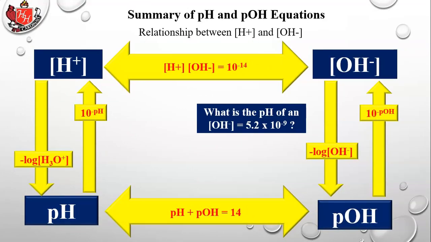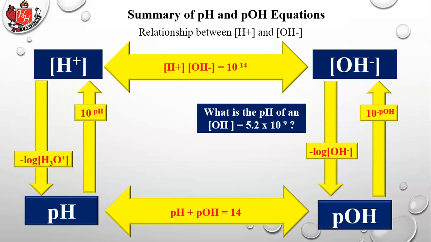So what is the pH of a hydroxide OH minus concentration of 5.2 times 10 to the negative 9th? So where you're starting on this chart is way up there in the upper right corner, the hydroxide ion concentration, OH minus, and where you want to end up is way down in the bottom left-hand corner where the pH is. So you can take one of two routes.